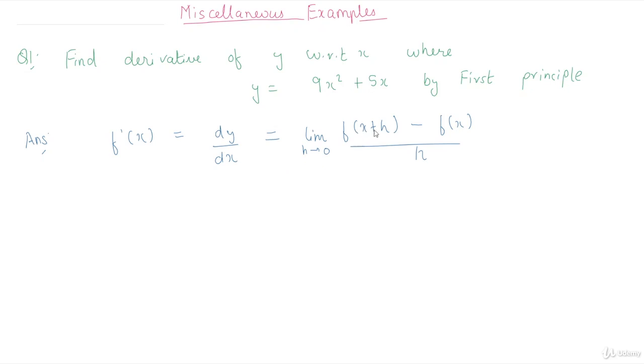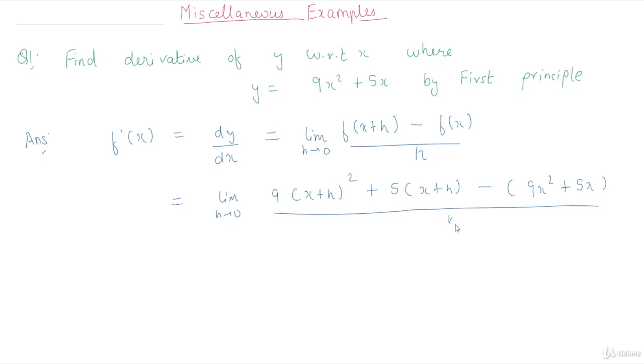Now it is f of x plus h. Let's say this y is f of x only, so f of x plus h will be 9 times x plus h whole square plus 5 times x plus h, and this f of x will be 9x square plus 5x, and this thing as a whole is divided by h.